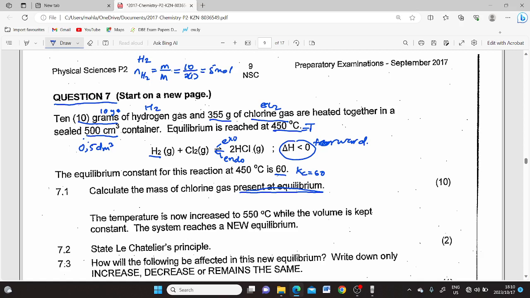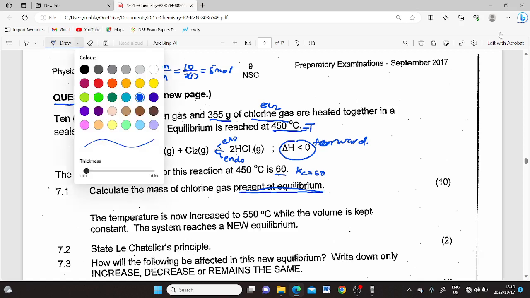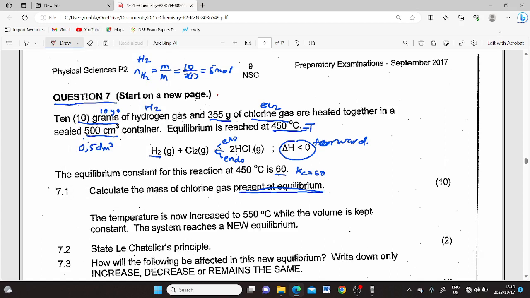So for Cl2, chlorine gas, the number of moles of Cl2 equals the mass over the molar mass of Cl2. So we have 355 over the mass of chlorine. Let's check the periodic table.